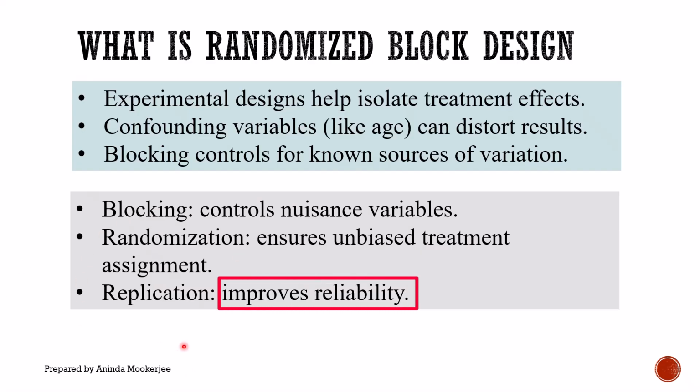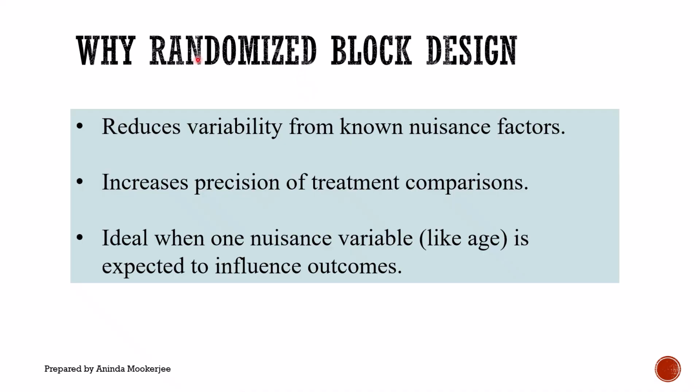Replication is the process of repetition of an experiment which ensures the reliability of the measurements that we get from repeating experiments. Now again, how does randomized block design help ensure a sound experiment?